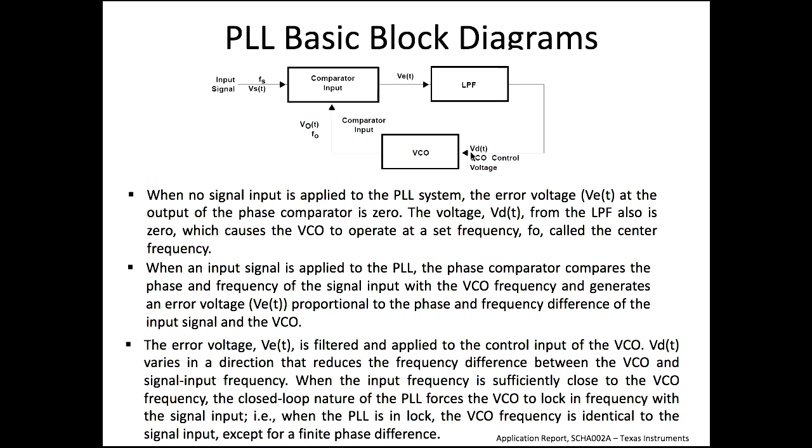When the input frequency is sufficiently close to the VCO frequency, the closed loop nature of the PLL forces the VCO to lock in frequency with the signal input. When the PLL is in lock, the VCO frequency is identical to the signal input except for a finite phase difference.